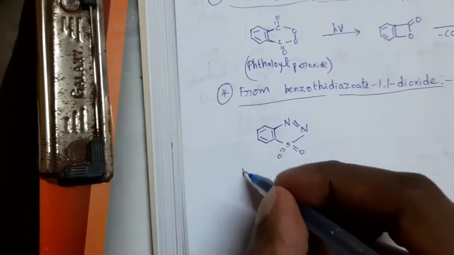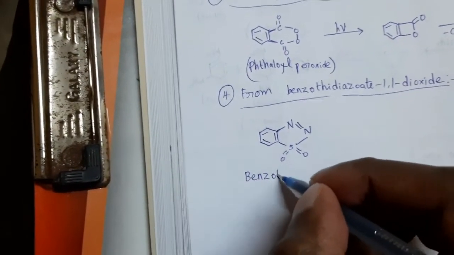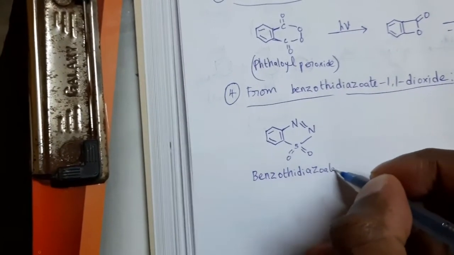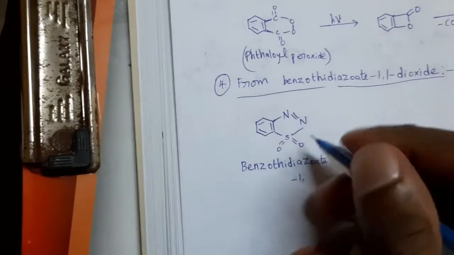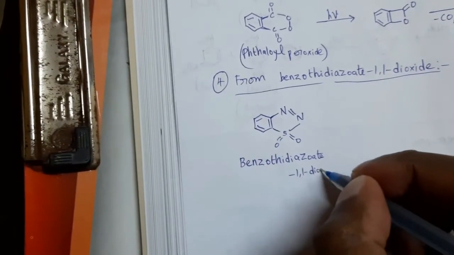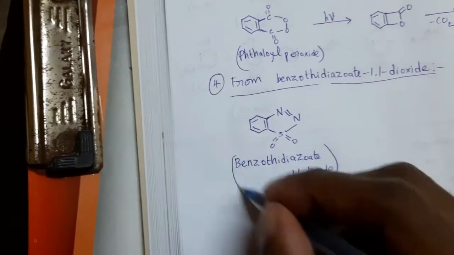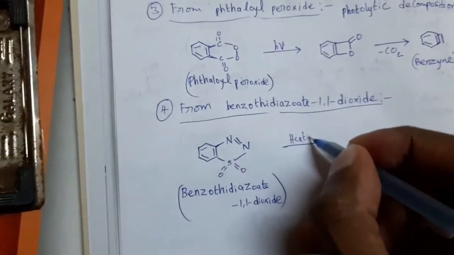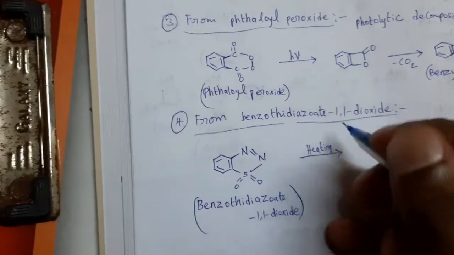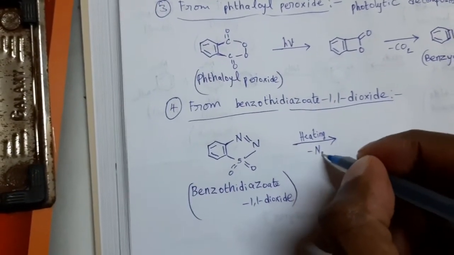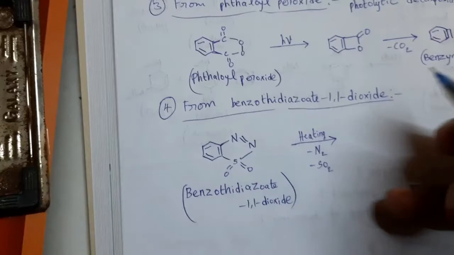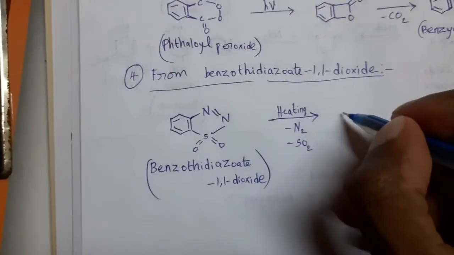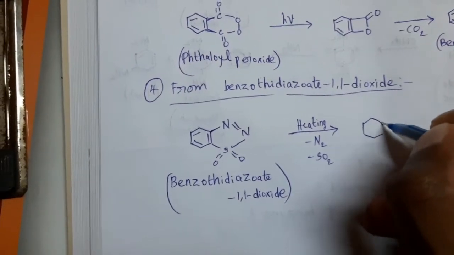So this compound name is benzothiadiazole 1,1 dioxide. When this compound is heated, we can get benzyne by removing carbon dioxide, N2 and SO2. See here, this is benzyne.